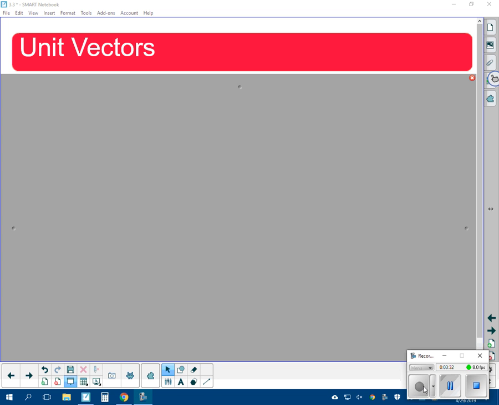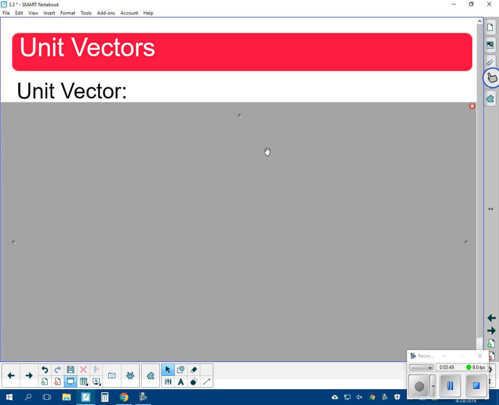Okay, we're going to continue on in our notes for section 3.3. Okay, what is a unit vector?